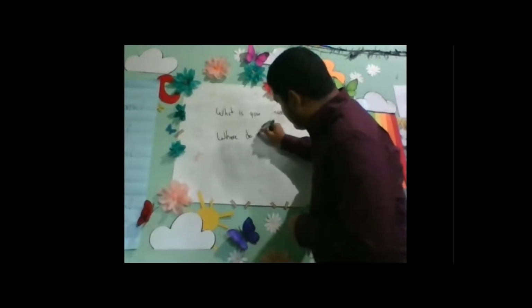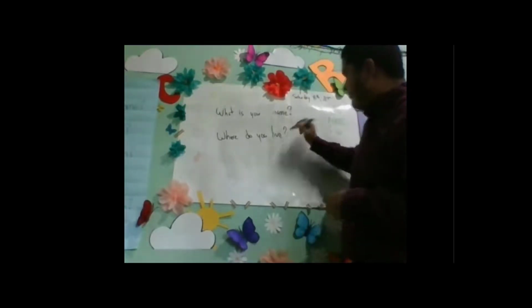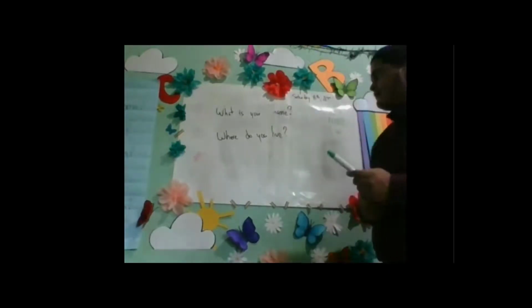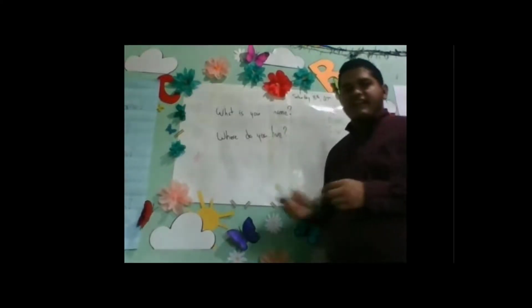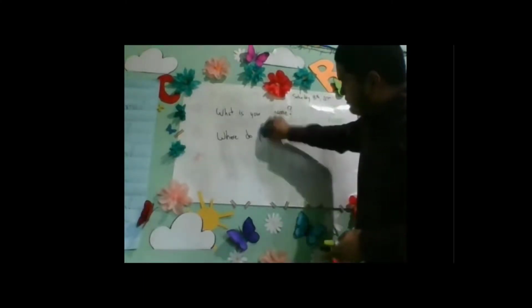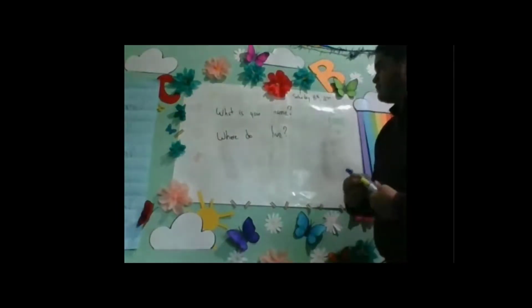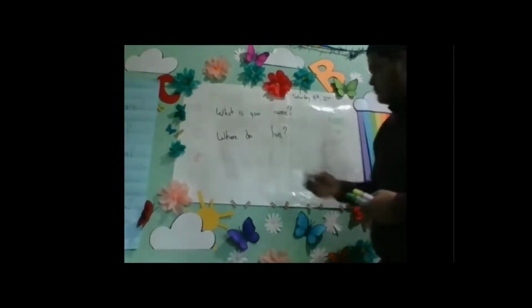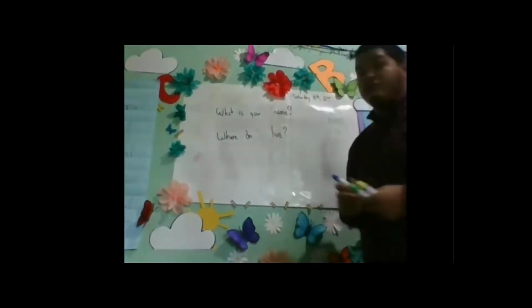where do you live? Where do you live? The auxiliary do, because we are using the subject pronoun you. Okay, or we can also use I. Where do I live?